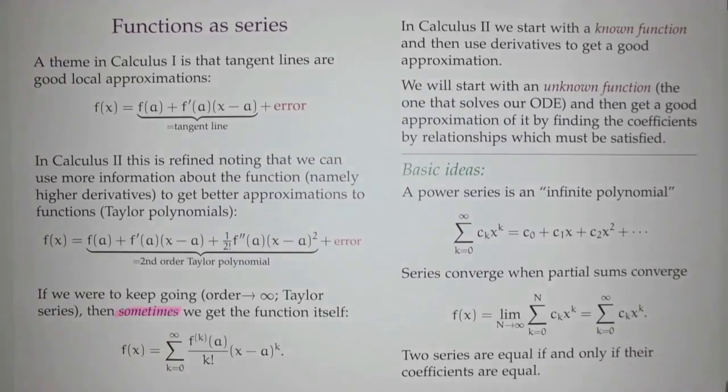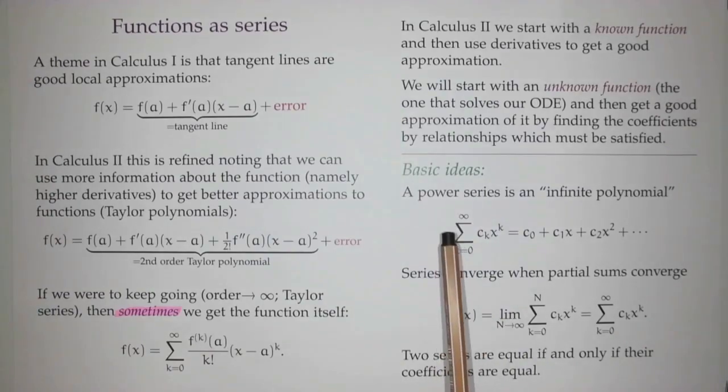Okay. So a few really simple ideas. We're going to focus on power series, and as I said, power series centered at 0. You should think of it as this big infinite polynomial. We denote this with a capital letter sigma, sigma for sum.